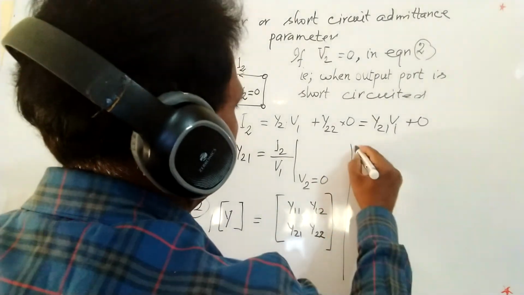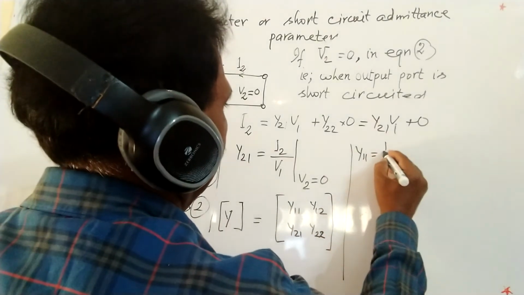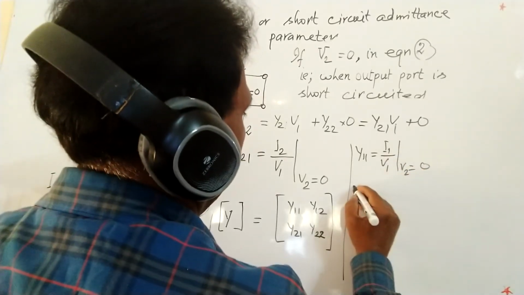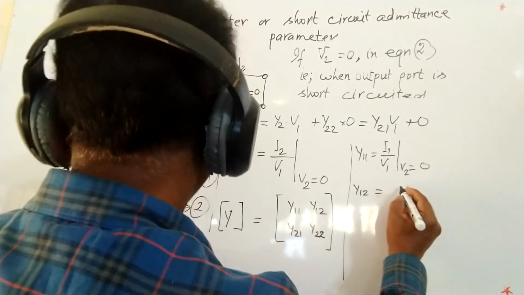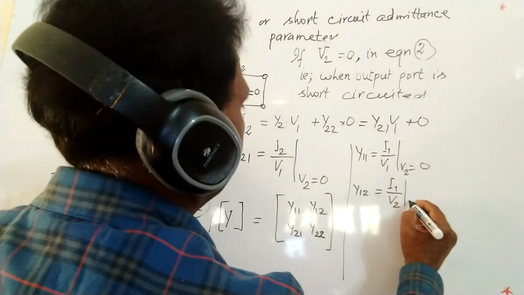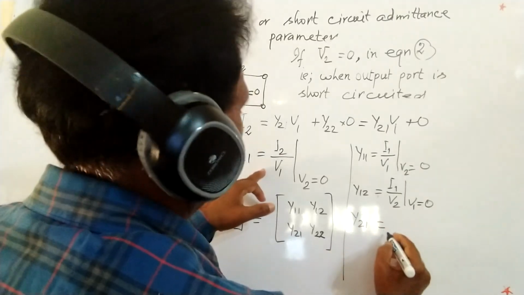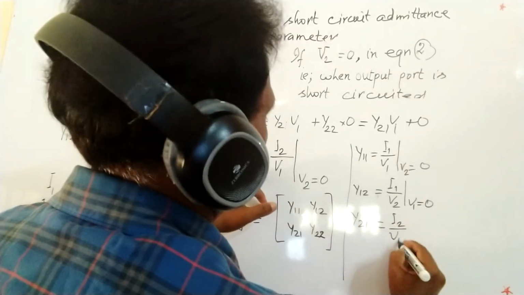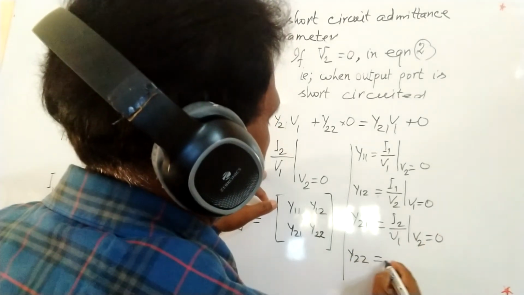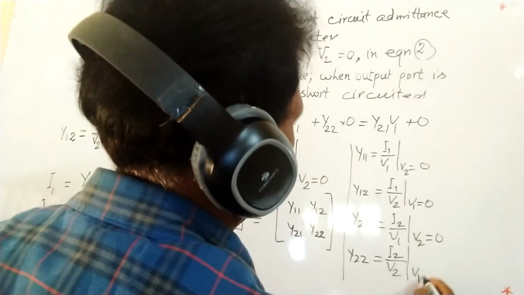Now write them down serially. y11 is I1 by V1 when V2 equal to 0. y12 is I1 by V2 when V1 is 0. y21 is I2 by V1 when V2 is 0. Now y22 is I2 by V2 when V1 equal to 0.